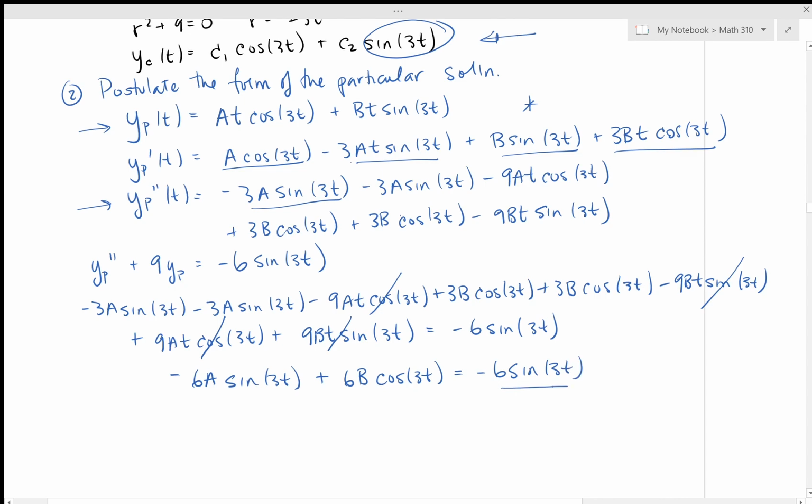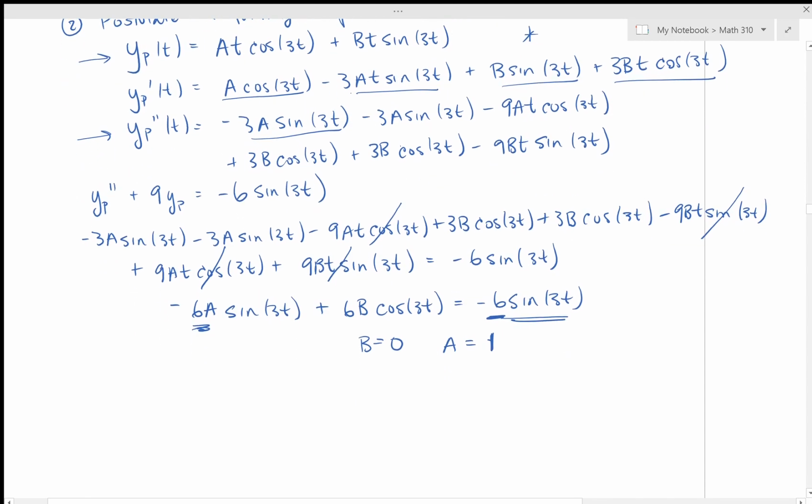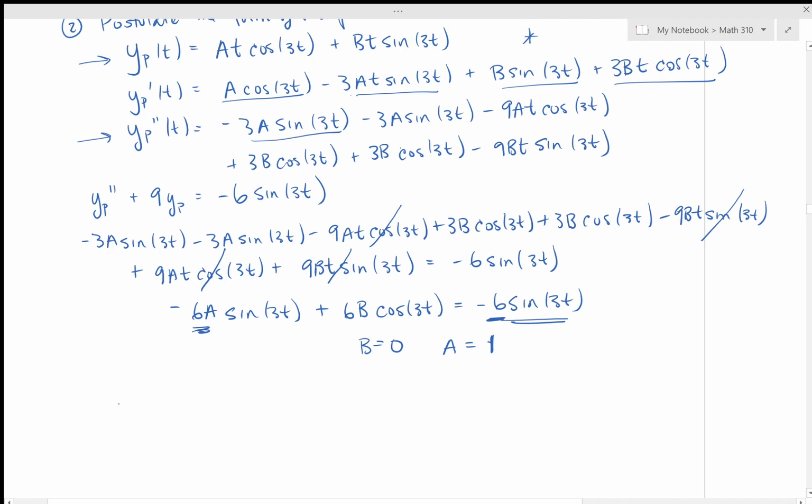There's no cosine on the right hand side. That tells me right away that B has to be equal to 0, and because of the minus 6A and the minus 6 here, A has to be equal to 1. So now I know what A and B are, and I can easily write the particular solution. It's quite simple: A is 1 and B is 0, so it simply looks like t cosine 3t.